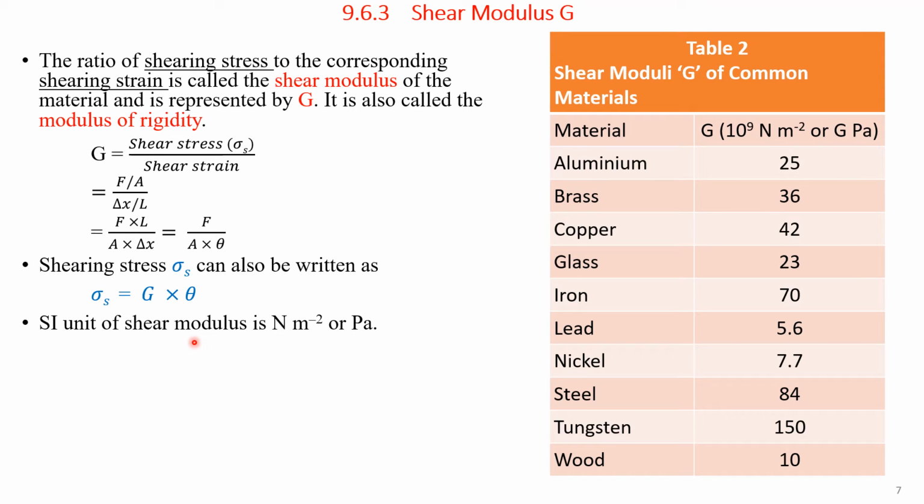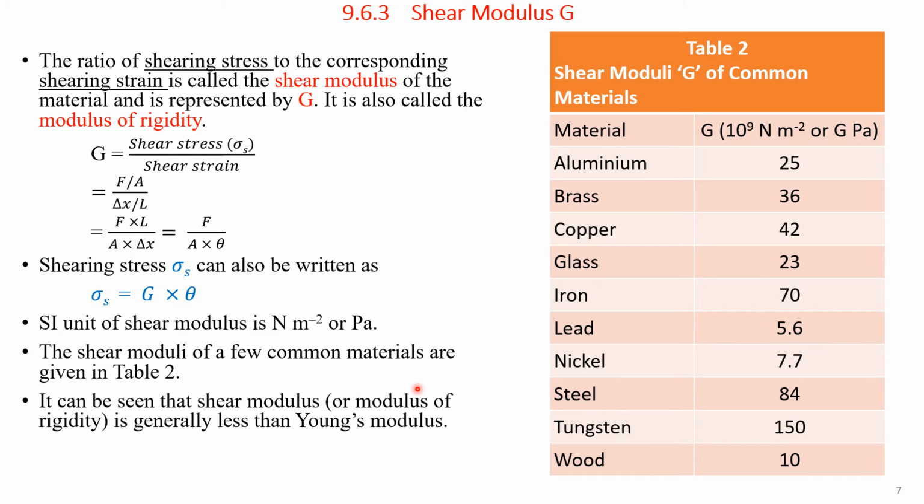The shear moduli of common materials are shown in the figure. Please note down the difference between metals and other materials such as wood. The shear moduli of common materials are shown in table 2.